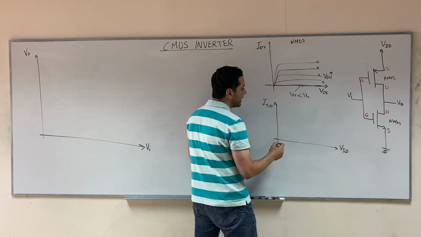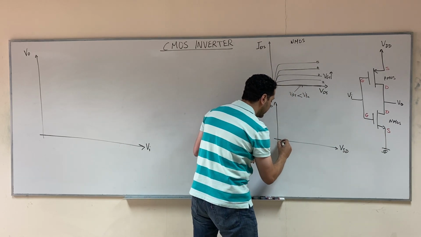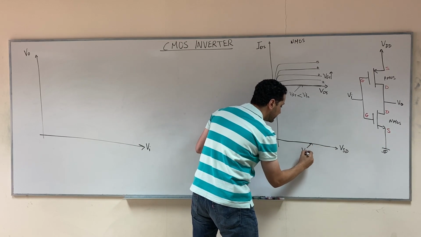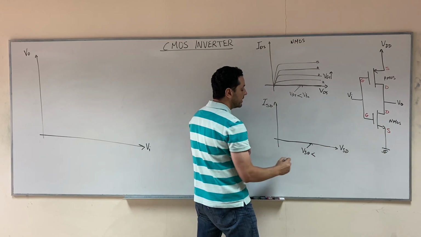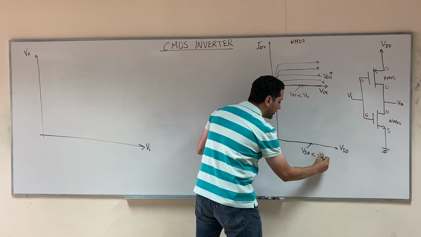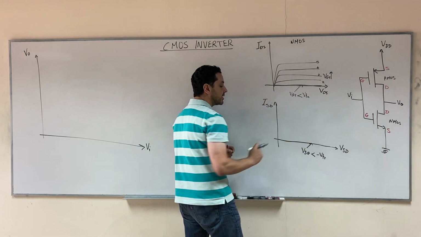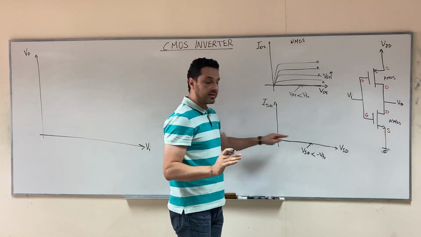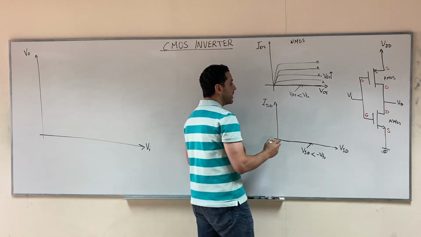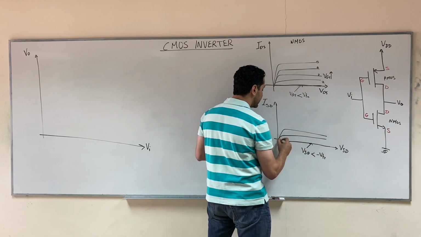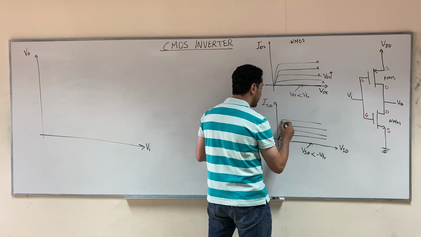And then we say that for VSG less than the negative of V threshold P, then the transistor will be off and you will get a 0 curve, okay? And then as you increase VSG, you will get a set of curves that look like this.